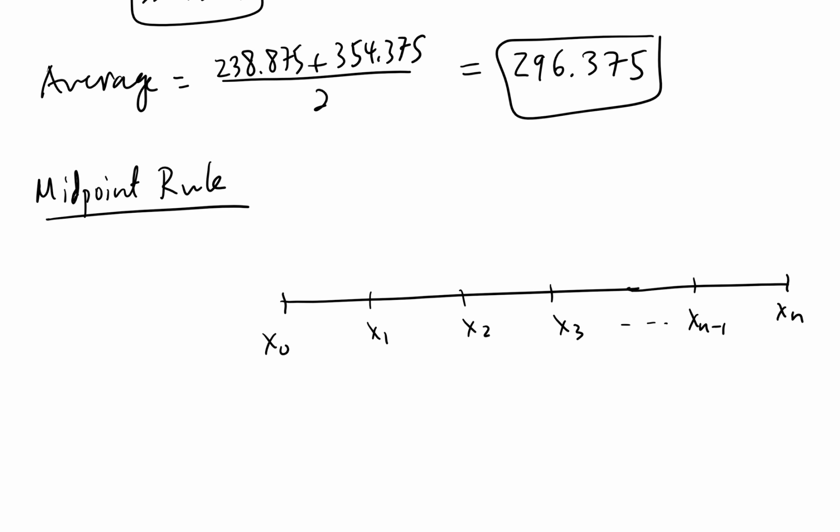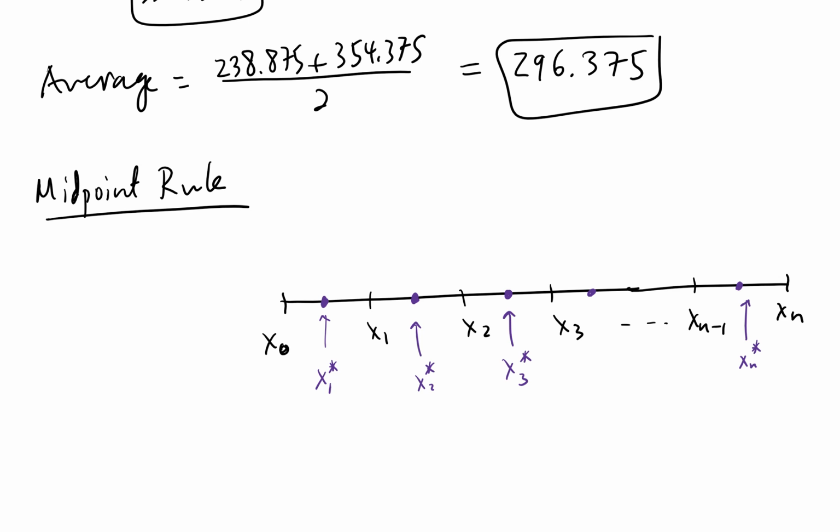Instead of starting either from the left or the right, you take the midpoint of each sub-interval, all the way to the last one. Let's call it x1 star, x2 star, x3 star, all the way to xn star.